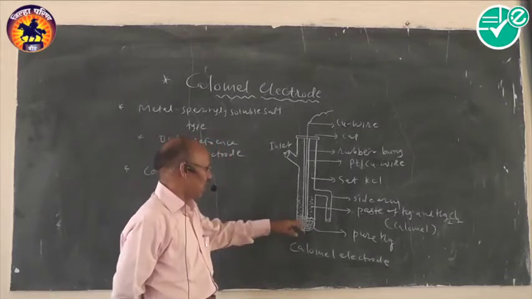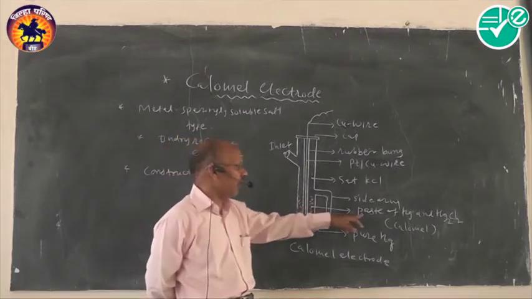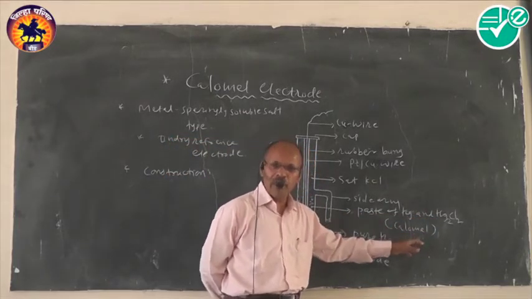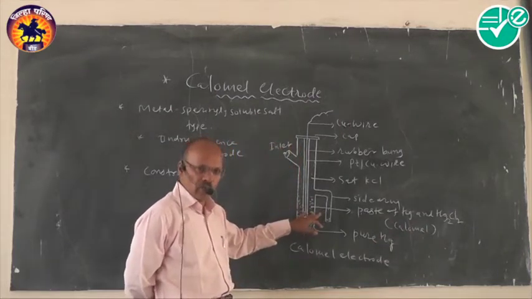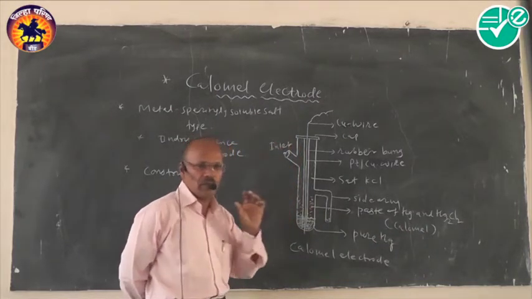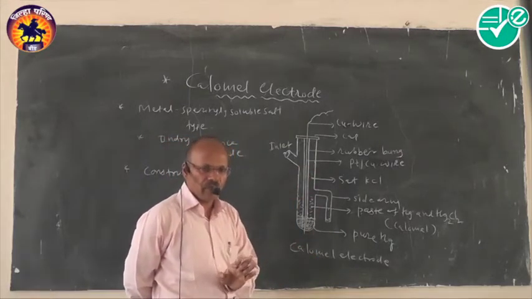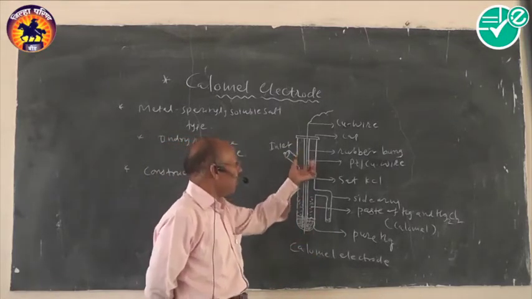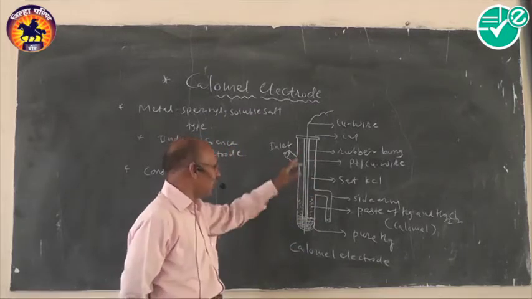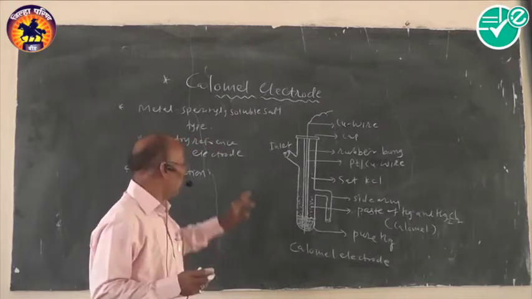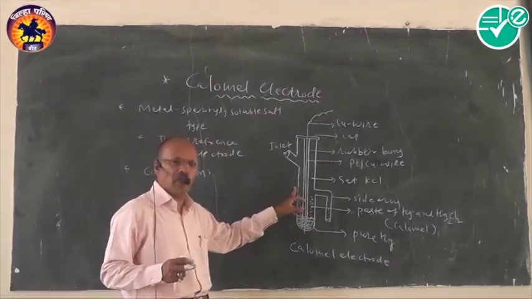Above this fresh mercury, we place a paste of mercurous chloride, which is known as calomel, and hence the name Calomel electrode. Above this paste, we fill saturated potassium chloride. A rubber band with a platinum or copper wire is inserted into this. So this forms the overall construction of the Calomel electrode.